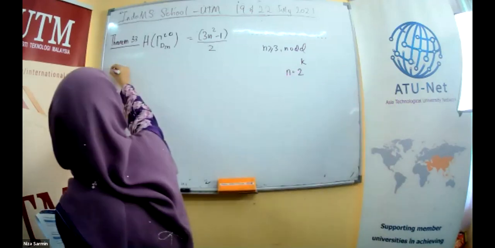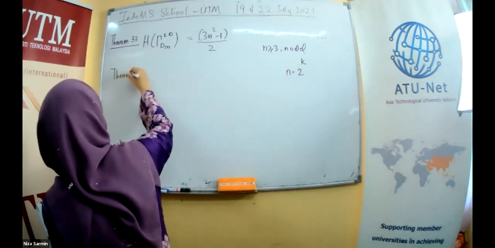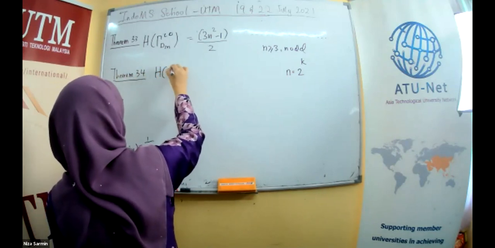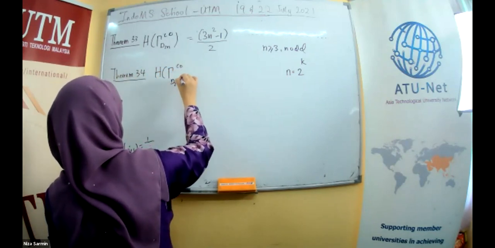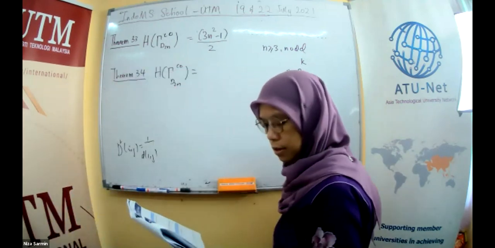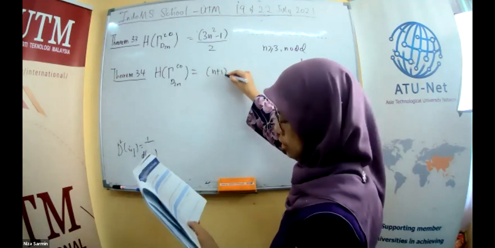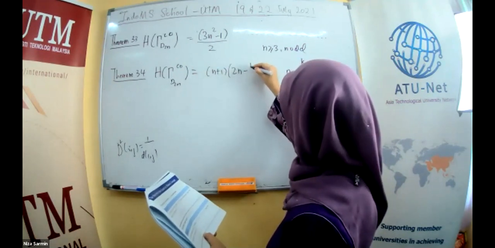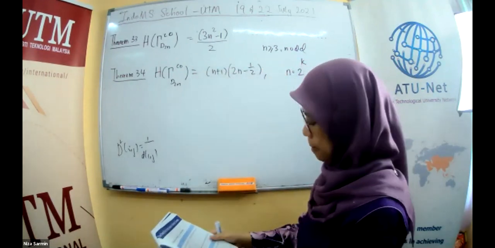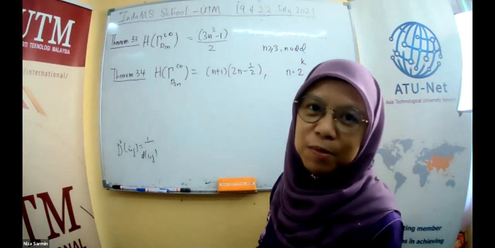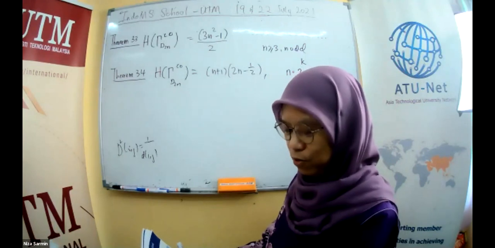Okay, this becomes a theorem. This is (n plus 1) to (n minus 1). Now you see the half everywhere because of the formula of 1 over.